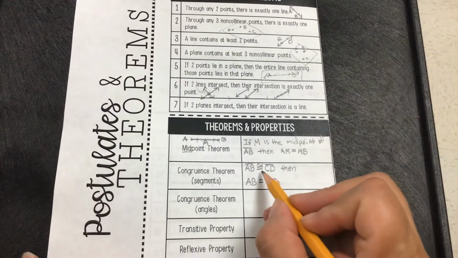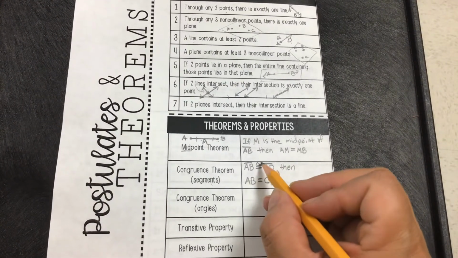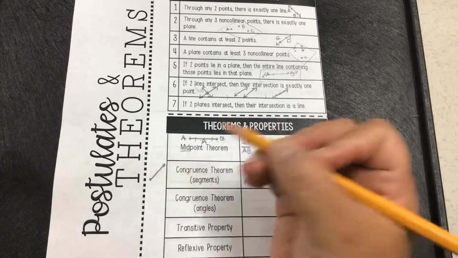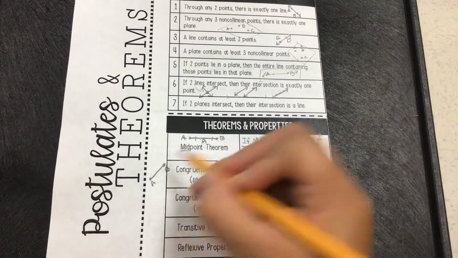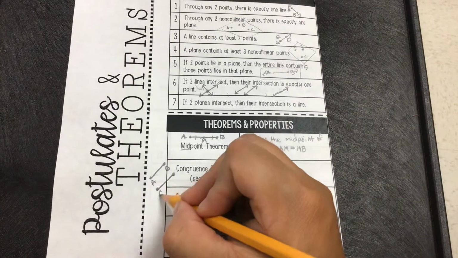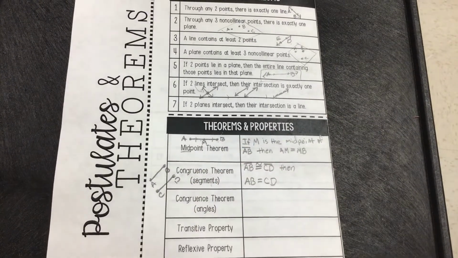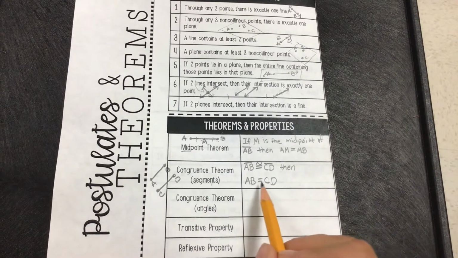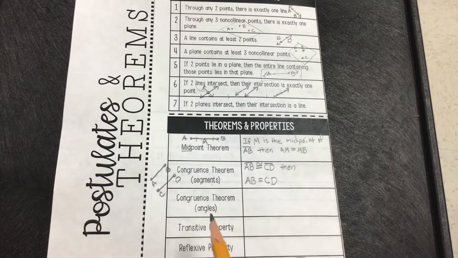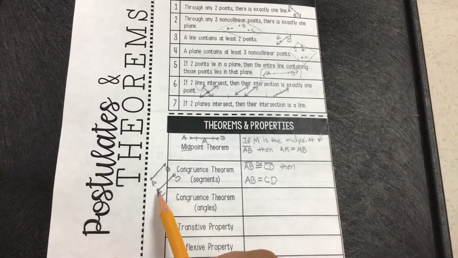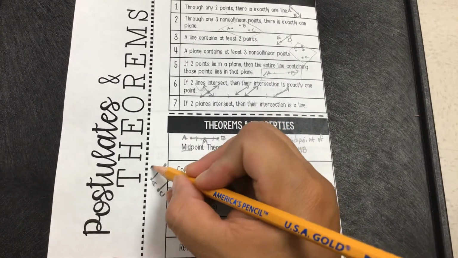This congruency symbol is used when we're talking about the picture. So for example, AB, CD. We don't know how long they are, but they're telling us that these pictures are the same. When we use the equal sign is when they're telling us that the measurement is the same. So now they're telling us that if these two pictures are the same, then their measurements must be the same.